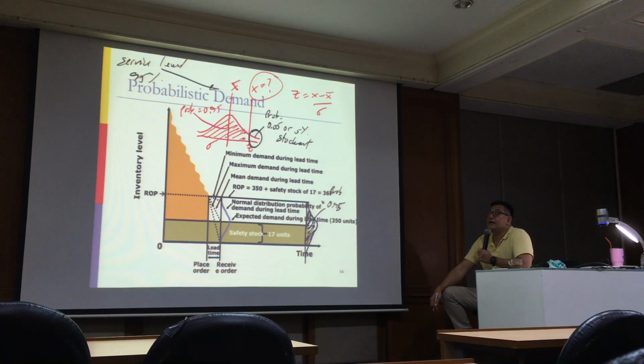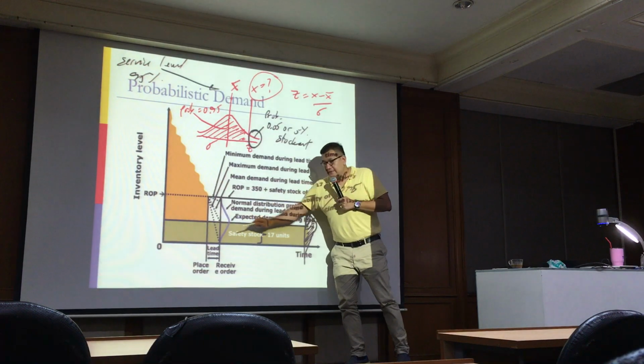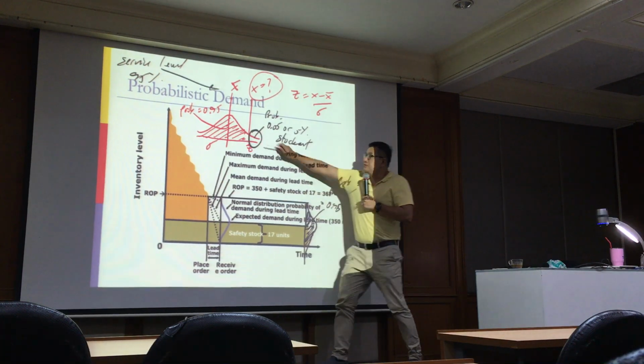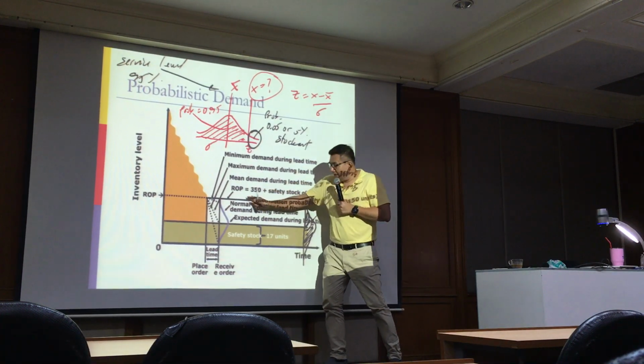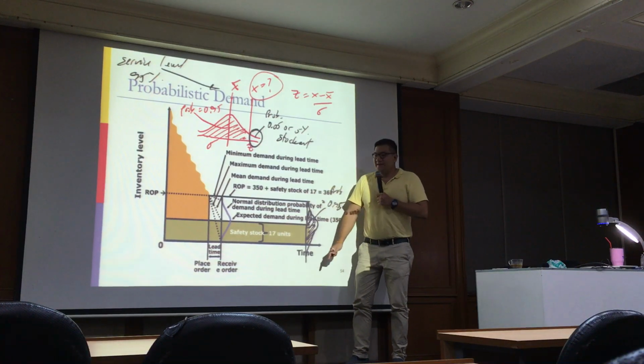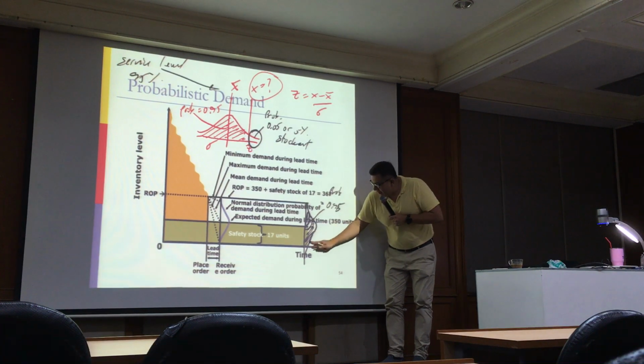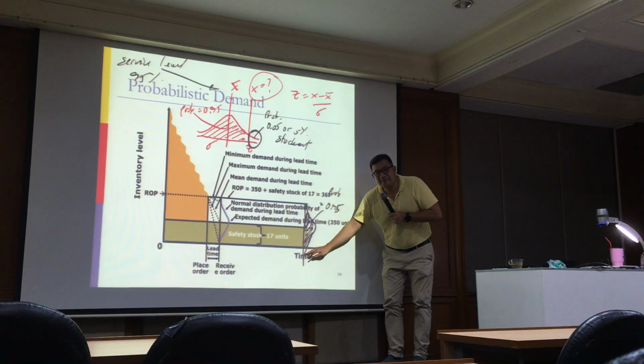In this case, we want to find x, right? So with a level of 95%, it means you have 5% of stock out. This graph or figure is the same, just rotated 90 degrees. But this one is not good because it doesn't show this very clearly. Actually, you can have the area 5% here.